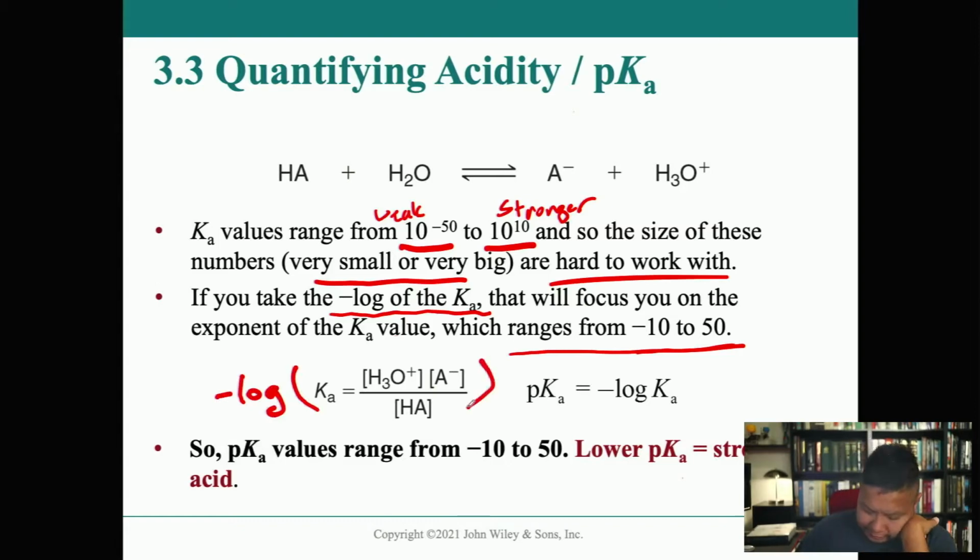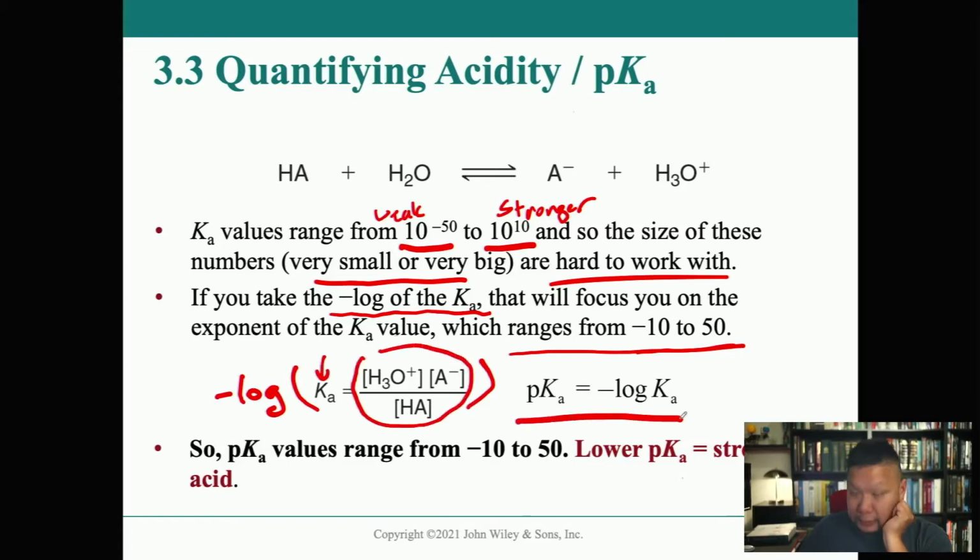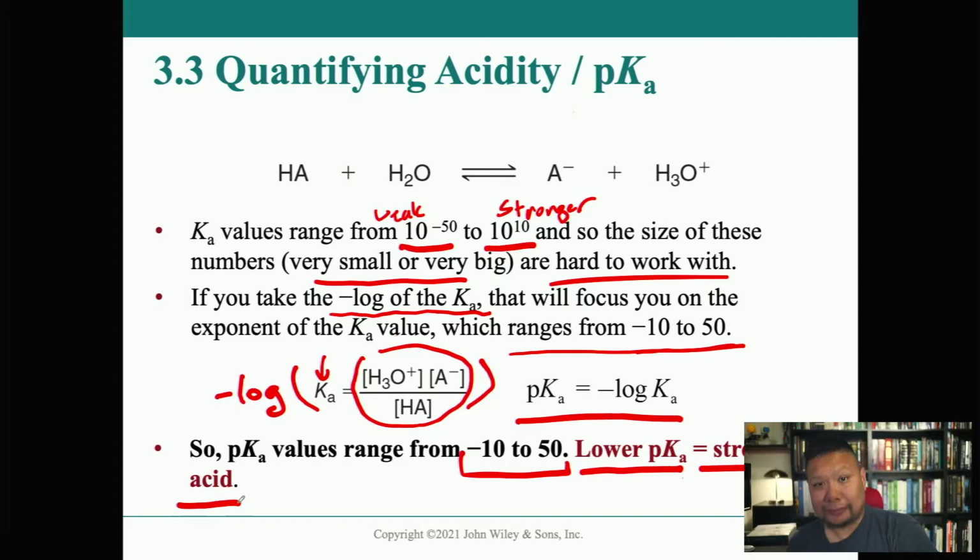So it's actually either this or this, but not both at the same time. And so now the pKa equals the negative log of the Ka. And when we do that, like I said before, the values now become between negative 10 and 50. And since it is the negative log, the lower pKa's denote a stronger acid, and the higher pKa's indicate a weaker acid.